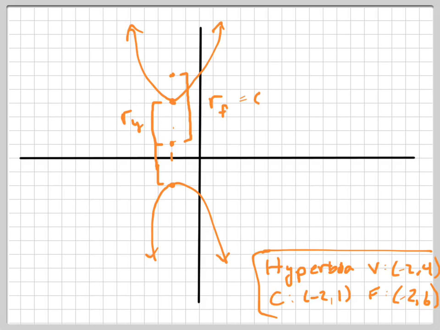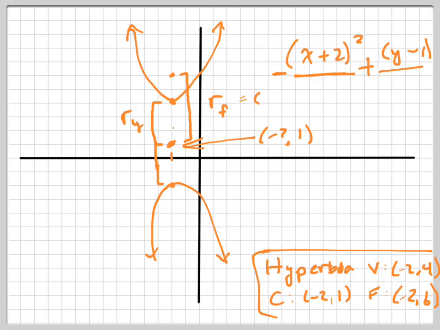I want to take the center, -2, 1, and put that in: x plus 2 squared. This is actually going to be a negative, because it opens up and down, the x term is negative, and then y minus 1 squared equals 1.